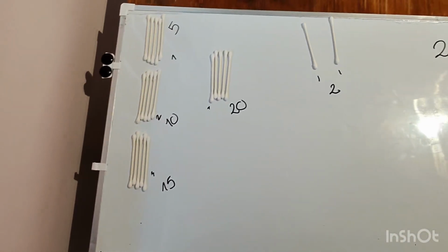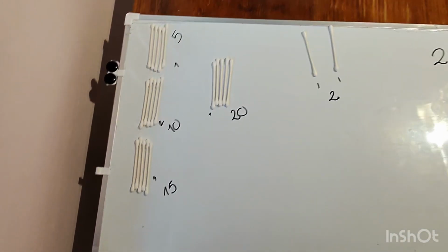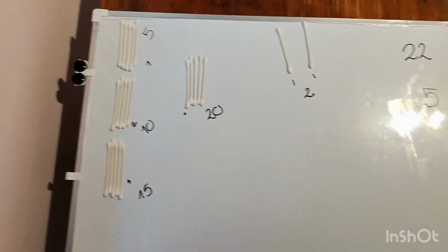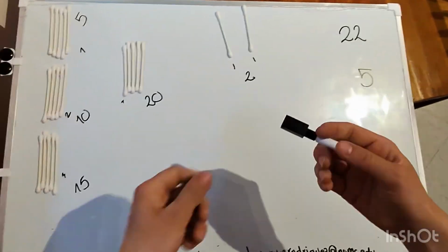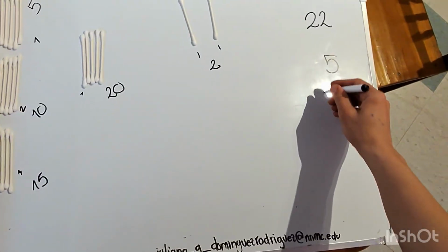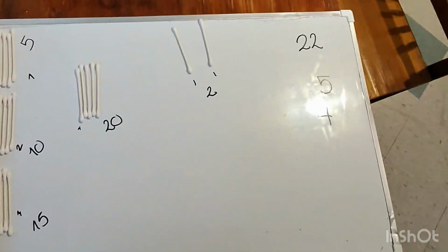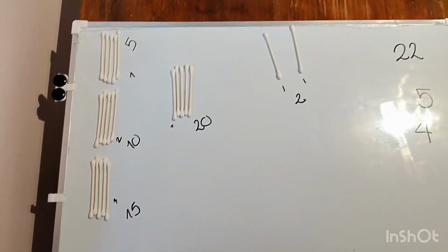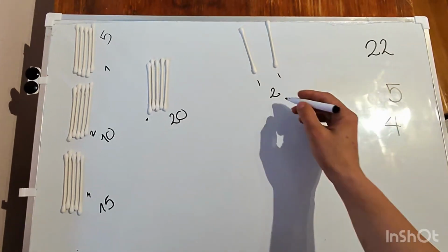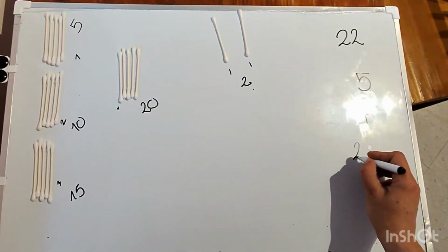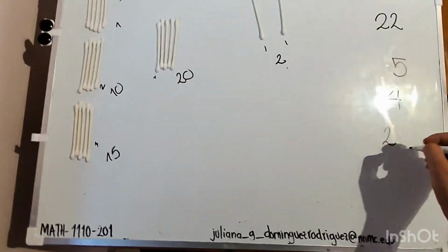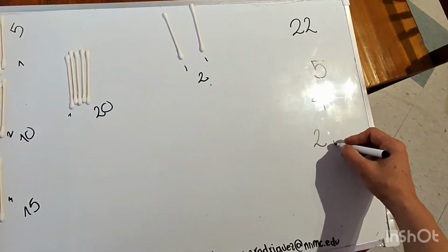So, as you can see, we made 4 groups of 5 with the 22 cotton swabs, and we have 2 cotton swabs left over.